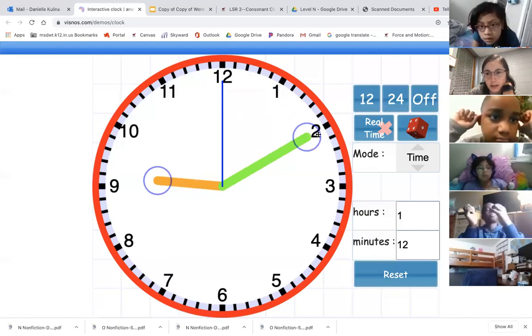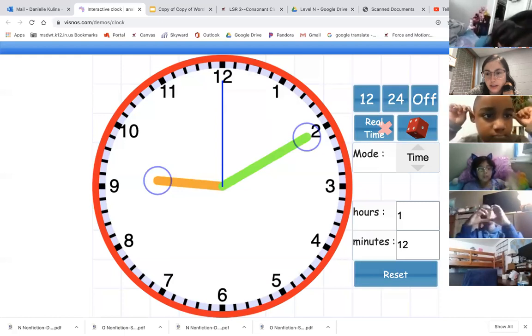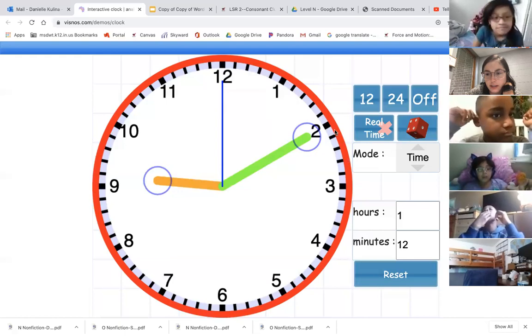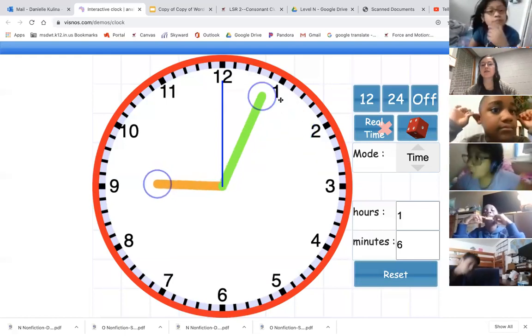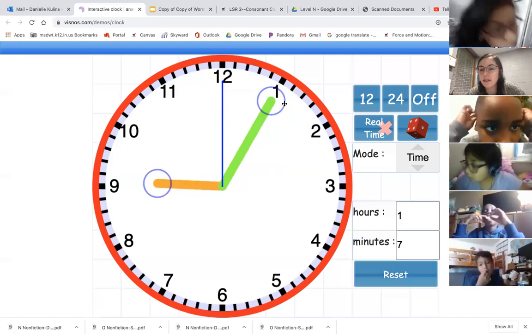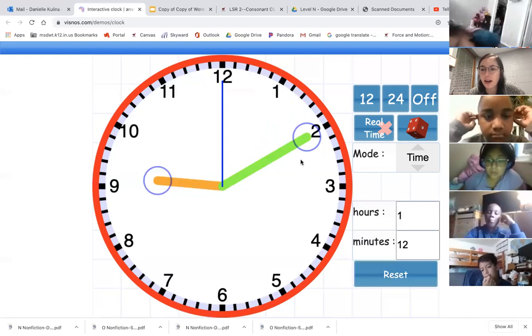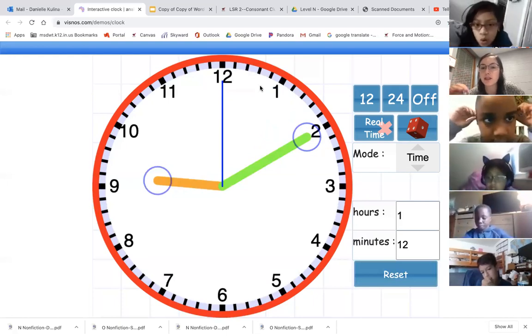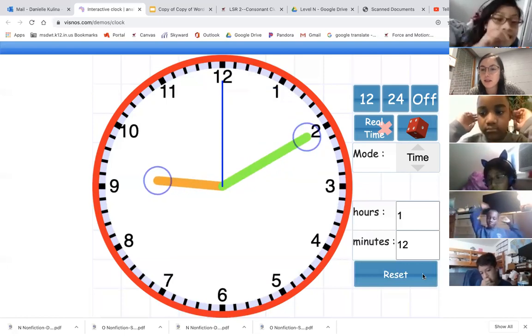What? Heidi, look, this is 5. This is 9:05. So what would this be? If I'm counting by multiples of 5, 5, 10, 15, 20. So if this is 5, what is this?